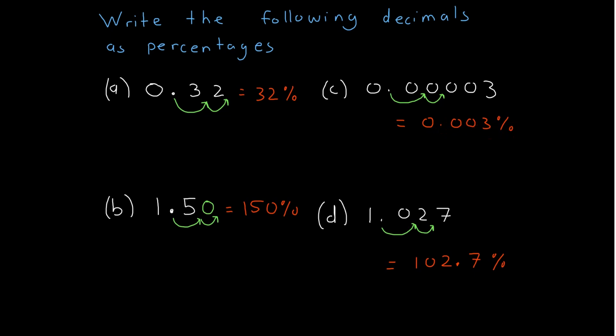And the final one, well, it's pretty similar. We just go 1.027, move the decimal point 2 places, and we get 102.7%, because of course I'm just multiplying everything by 100%. Okay, I hope you guys went okay with that one.